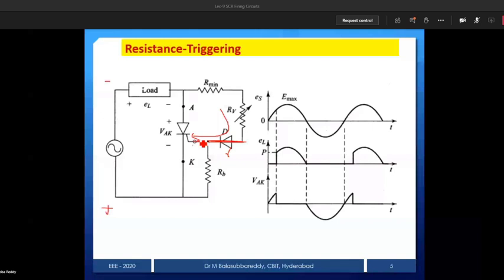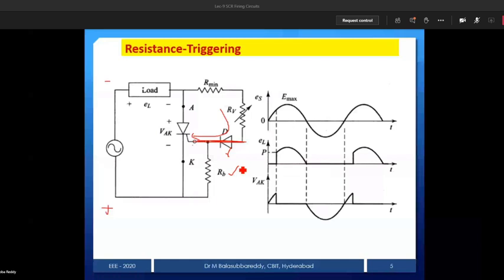And now another component I used here is RB, the damping resistor. Why is the damping resistance used? You have to connect the resistor in such a way that the voltage across it is less than the gate triggering voltage. The voltage across RB must always be less than VGT.